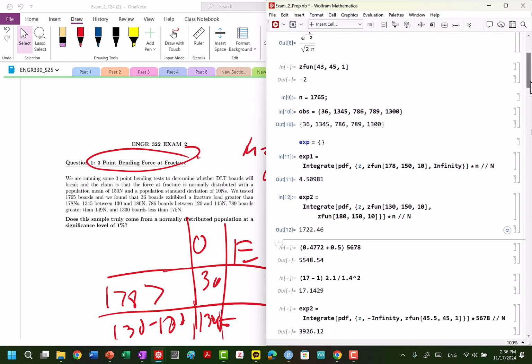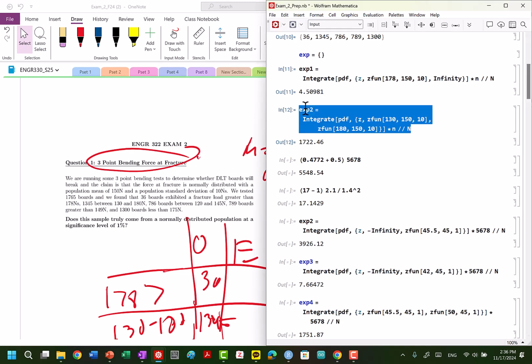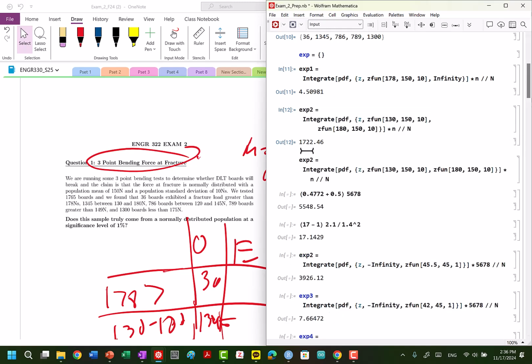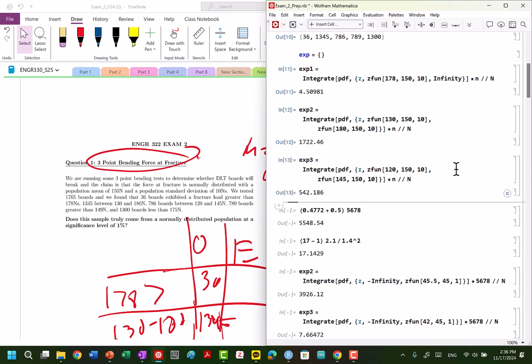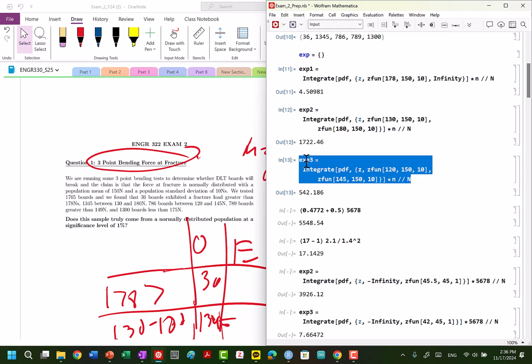And expected 3 is going to be equal to 120, 145, and we have a greater than, did we get 789? Yeah, so expected 4 is everything greater than 149.